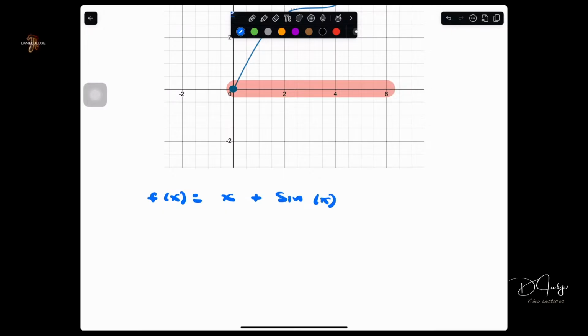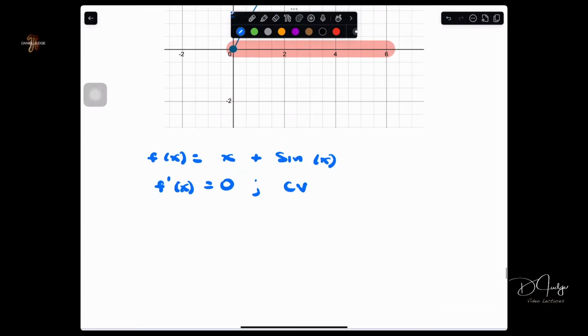x plus sine x. Okay. So we're going to take the derivative of this function, set it equal to 0. Let's try to find some critical values. So we differentiate x plus sine x.